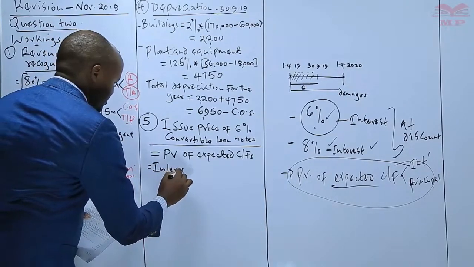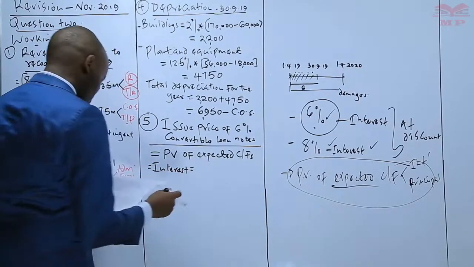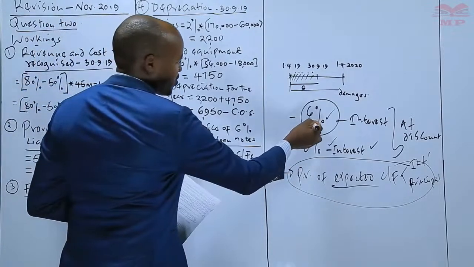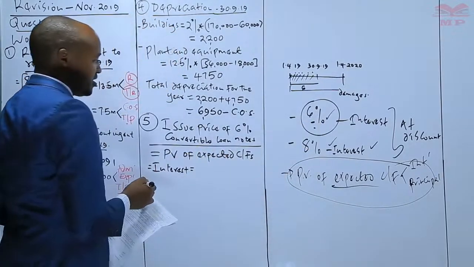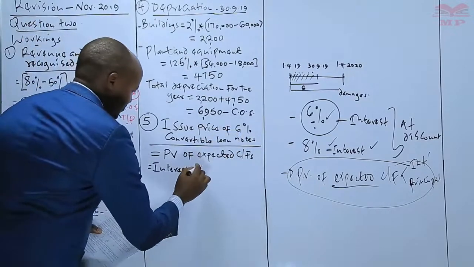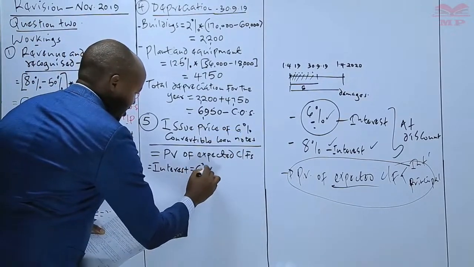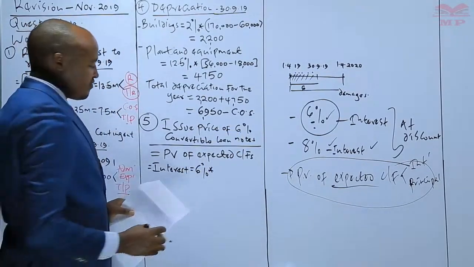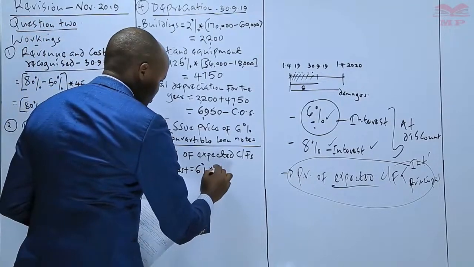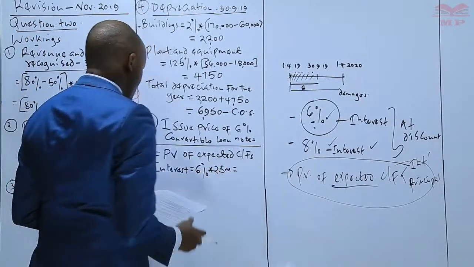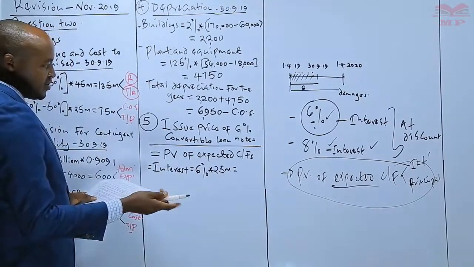Interest this company was supposed to pay per annum. So when computing the interest, we take the coupon rate. The coupon rate is 6% times the par value of the loan note, which was 25 million, and then we already know the principal amount.